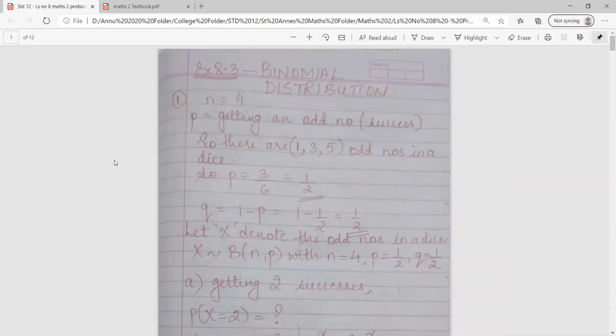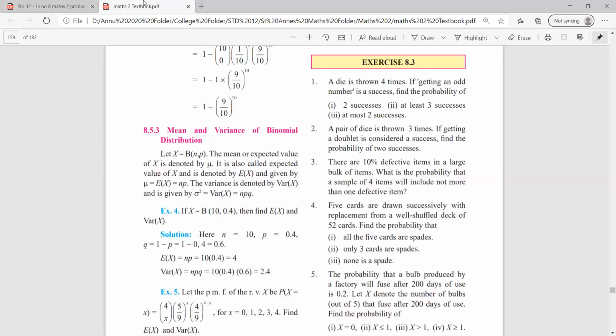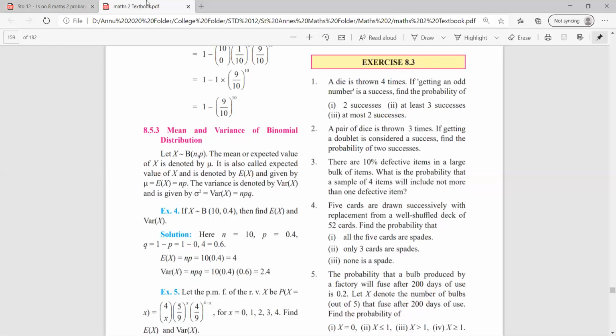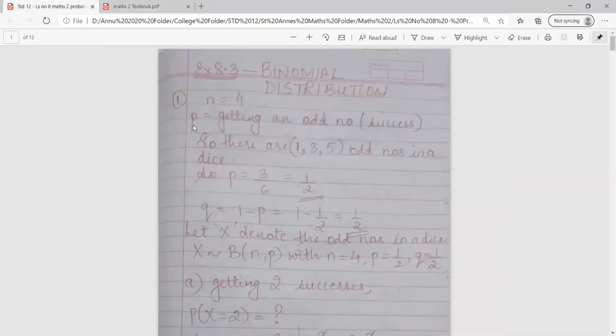As you can see, they have told that a die is thrown 4 times. So can I say n is 4 over here? Also, they highlighted getting an odd number is a success. So we'll say let the probability p of getting an odd number be the success. Now in a die, the odd numbers are 1, 3 and 5.